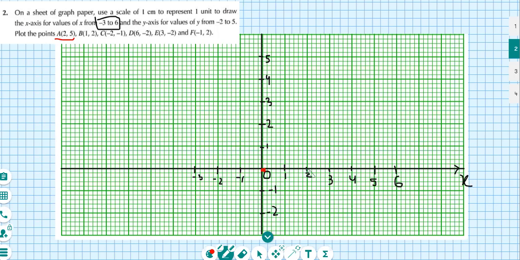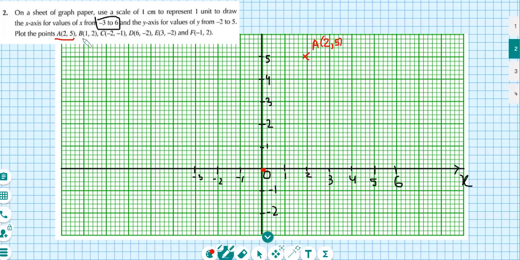So here we go, 1, 2. And 5 means 5 steps above along y-axis: 1, 2, 3, 4, and 5. So this is the point A, which is (2, 5).